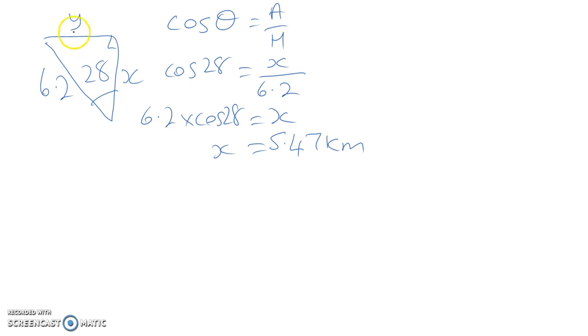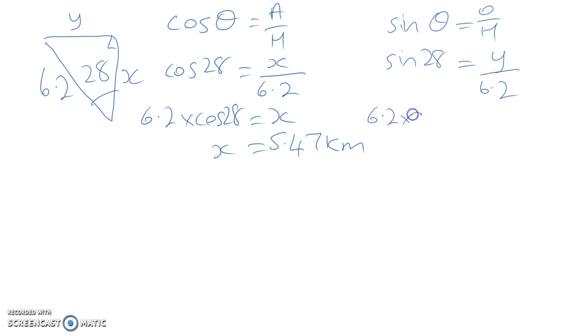Let's try and find y now. We could do y two ways. We could use Pythagoras, or we could use one of our trig rules. Let's use another trig rule. So if we have a look here, we've got y is opposite the angle, and let's use our known 6.2 kilometres there. So let's use sine. Sine of our angle is opposite over hypotenuse, so sine 28 equals y over 6.2.